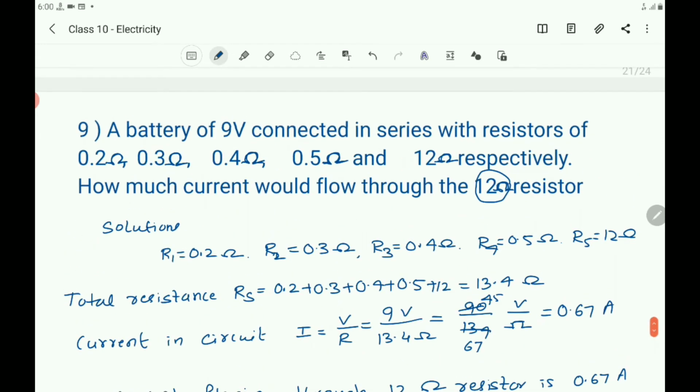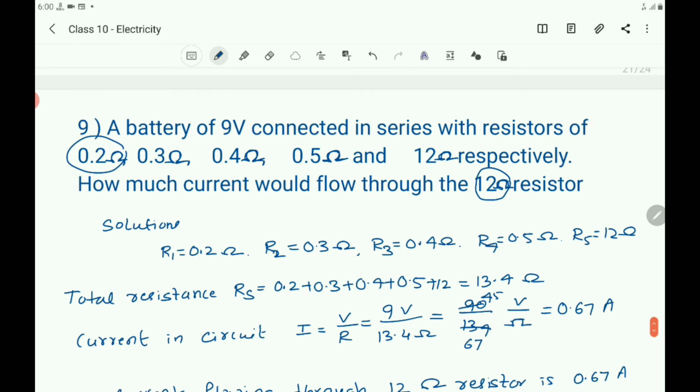In the 0.2 ohm also you will get the same amount of current, in 0.3 also, in 0.4 also. There is no change in the amount of current flowing through the individual resistors in the series connection.